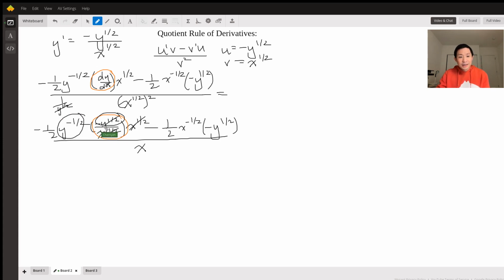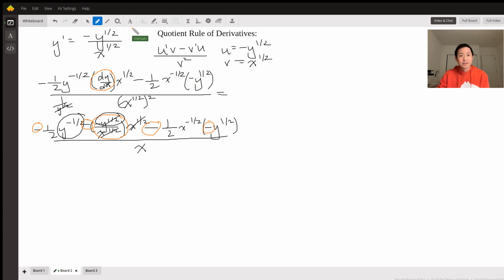We also have a negative times a negative, however, so that's going to give us a positive 1/2. So notice how we have the negative multiplied by negative here, which is going to get us a positive 1/2. All right. Now on the right side, notice how we have a negative multiplied by a negative as well, which is also going to get us a positive.